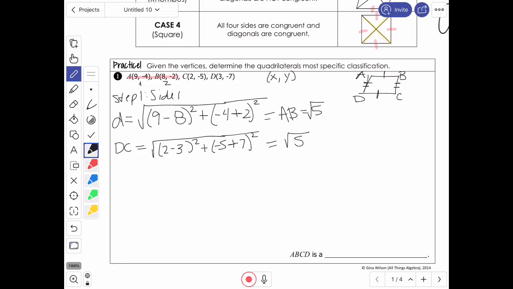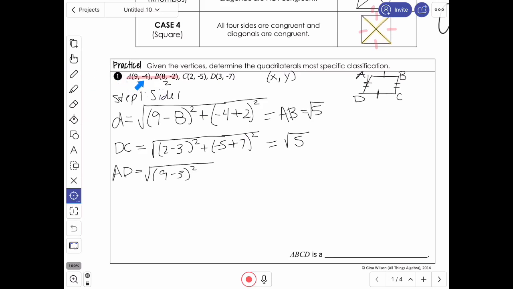So then next, let's do AD. So AD equals radical 9 minus 3 squared, because now I'm using points A and D. Okay, so that's where my points are coming from, A and D. 9, X, 9 and 3.